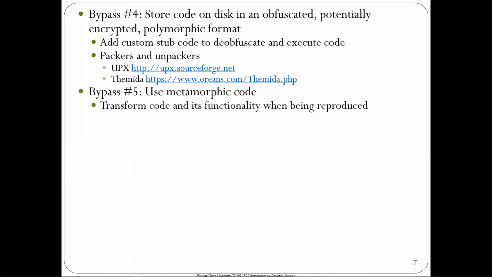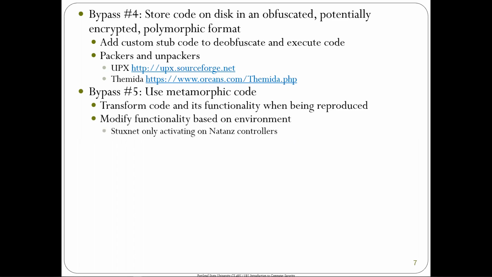And then another bypass is to use metamorphic code. And so this is a strategy where you're just transforming the code itself every time you spread the malware from one machine to the next. You change some of its functionality while it's being reproduced. And this will also bypass signature detection.